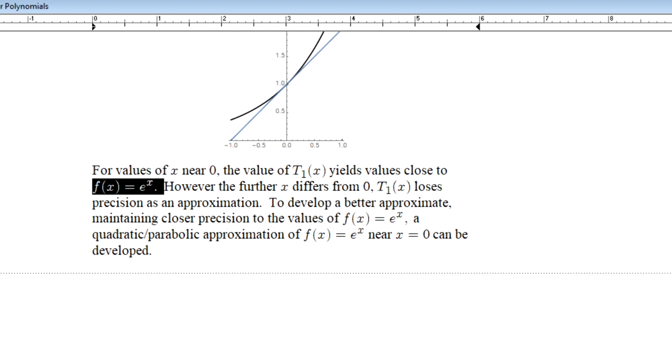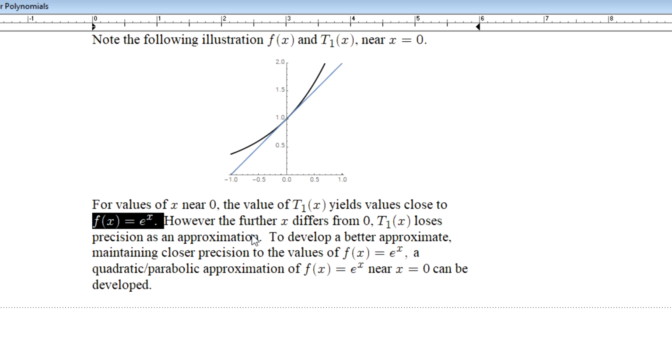Right? However, the further x differs from 0, the more we go from left or right of 0, if we were all the way out here at, for instance, an x of 1.0, the approximation is going to lose precision.